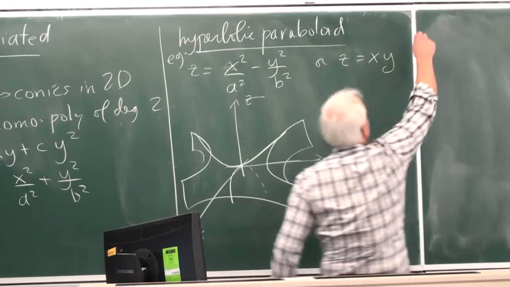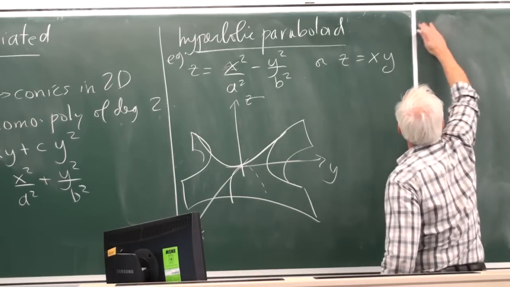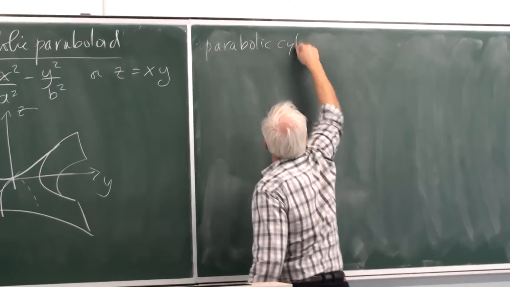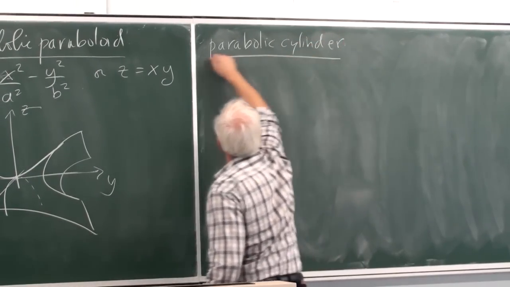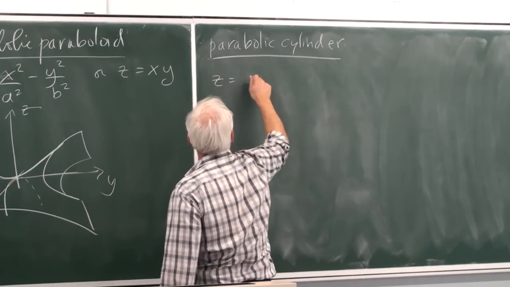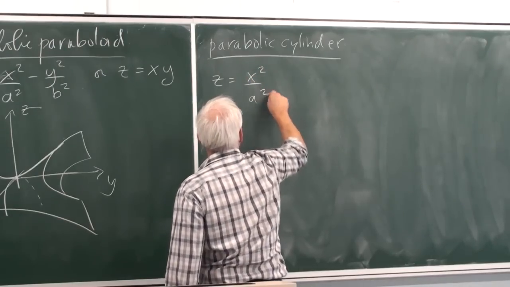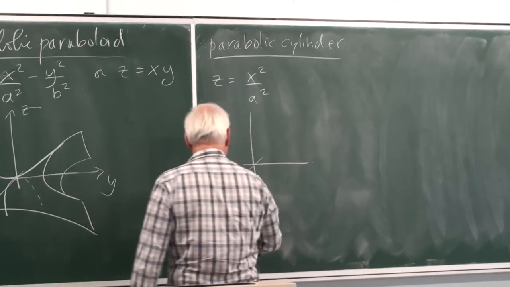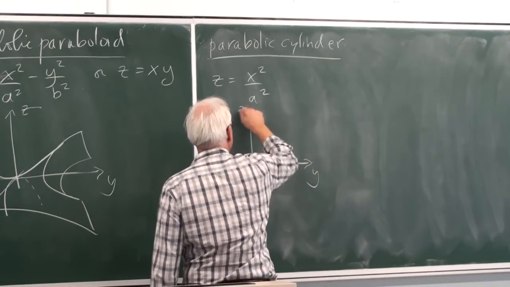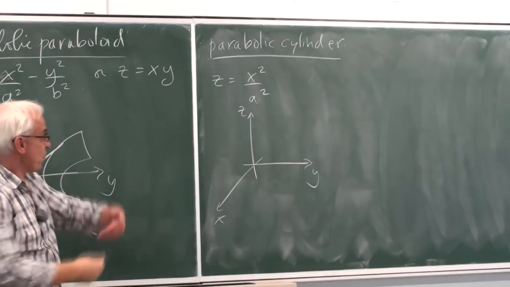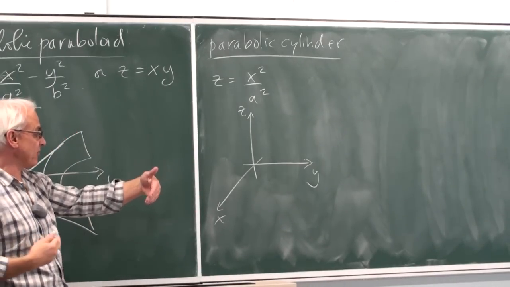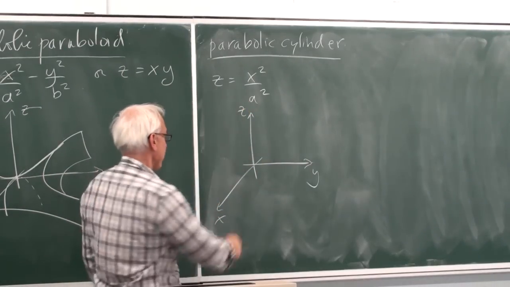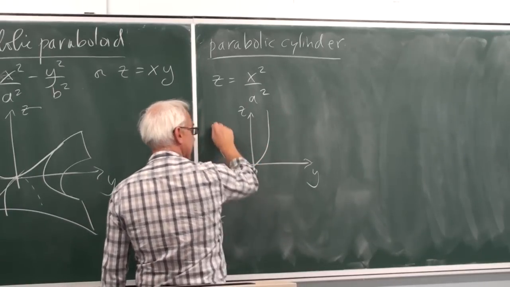There is a third kind, somewhat more degenerate kind, called a parabolic cylinder. Where we have something like z equals just, say, x squared, or maybe x squared over a squared. So here, there's no condition on y, so y could be anything it wants to be. And in the zx plane, we have a regular parabola. So in the zx plane, we have a parabola that's like this.